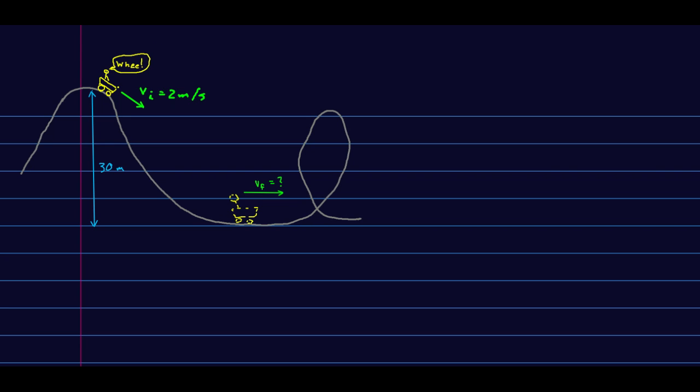And the reason this would be so difficult with Newton's second law is, if you think about it, at any time on the hill, the free body diagram is going to look like this, with a weight and a normal force. And the thing is that the normal force is changing direction all the time, and so is F net.